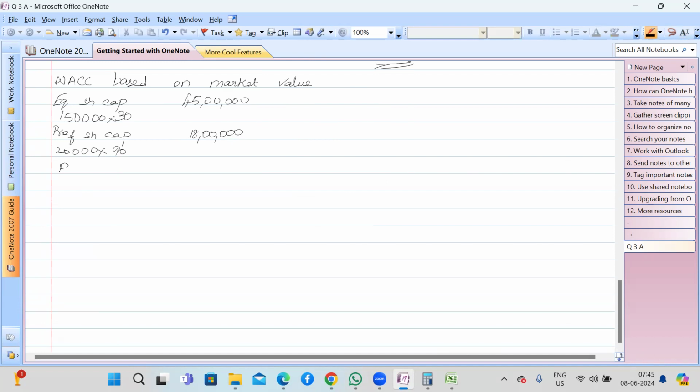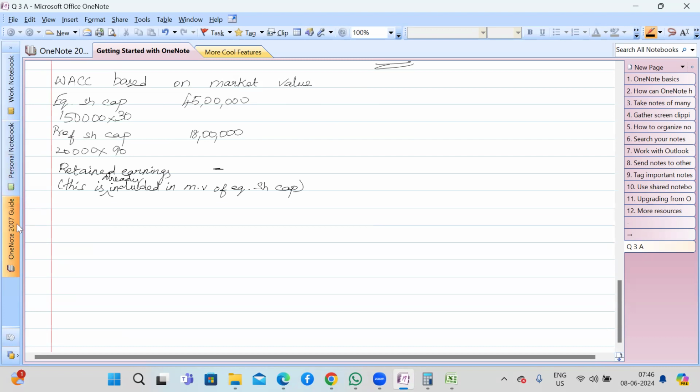Then retained earnings: here I'm not going to consider any value because this is already included in the market value of equity share capital, so this is ignored.